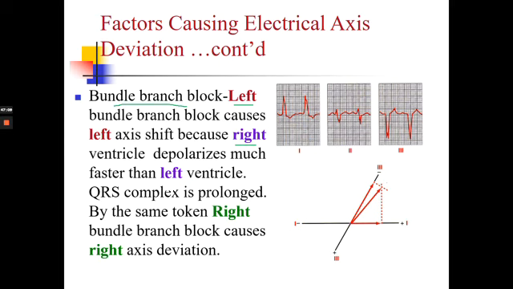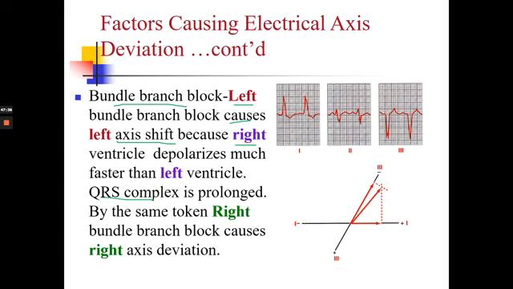So what does the QRS represent? The QRS represents the depolarization of the ventricle. So left bundle branch block causes left axis deviation, because the right ventricle depolarizes much faster than the left ventricle: the depolarization of the right ventricle is through the Purkinje and the depolarization of the left ventricle is through the ventricular muscle.